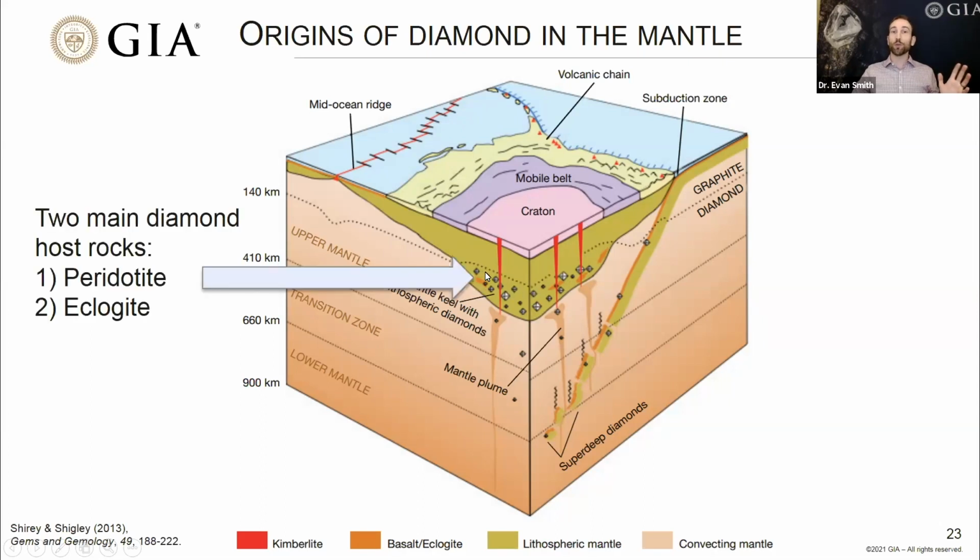There are two major rocks that we find here, and they're the host rocks for diamonds. One is peridotite, and the other is eclogite. A lot of the inclusions that we see in diamonds directly reflect these host rocks. They're actually minerals from these host rocks. Olivine is a very common mineral in peridotites.